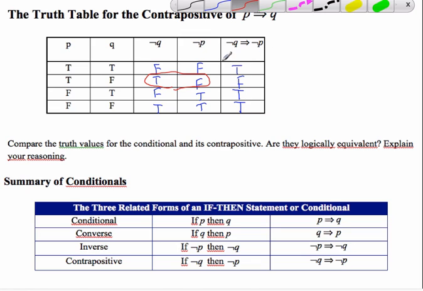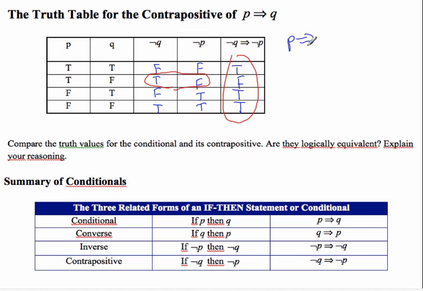So we have T, F, T, T. The original conditional, P implies Q, also gets T, F, T, T. So P implies Q and not Q implies not P are logically equivalent. We just talked about that.